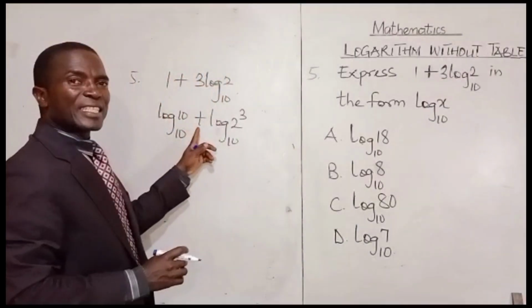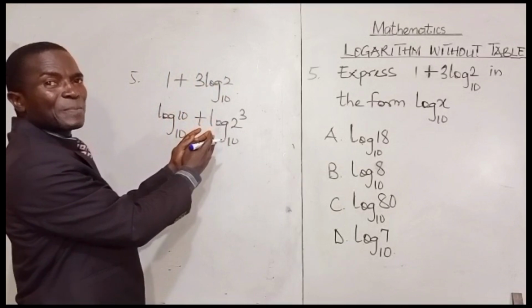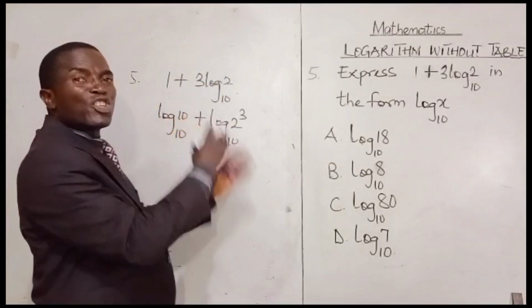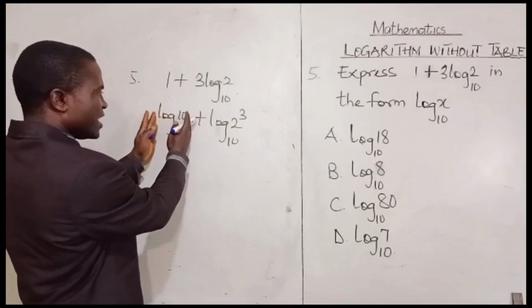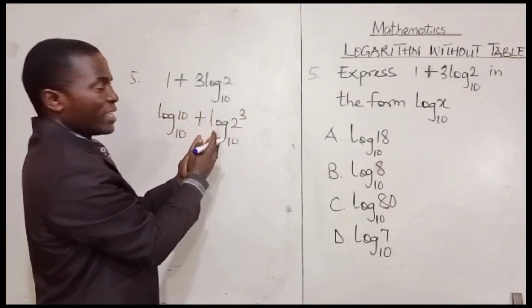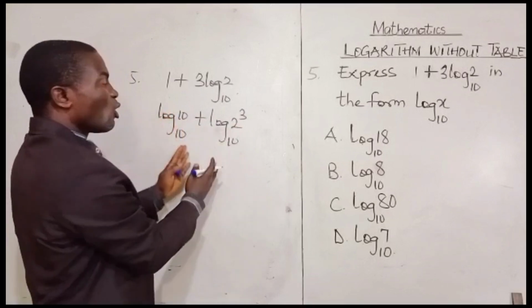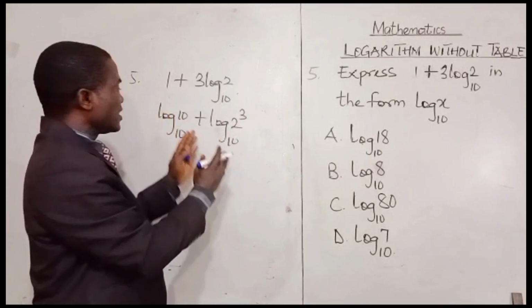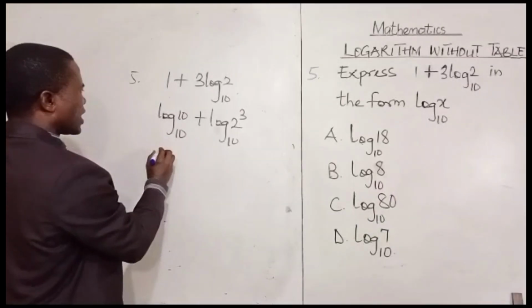Multiplication law says that when 2 terms are added together, they can be changed to multiplication. This is a log 10, this is another log 10, and they are added together. Since they have the same base, this addition can be changed to multiplication. So let us see how we can do that.